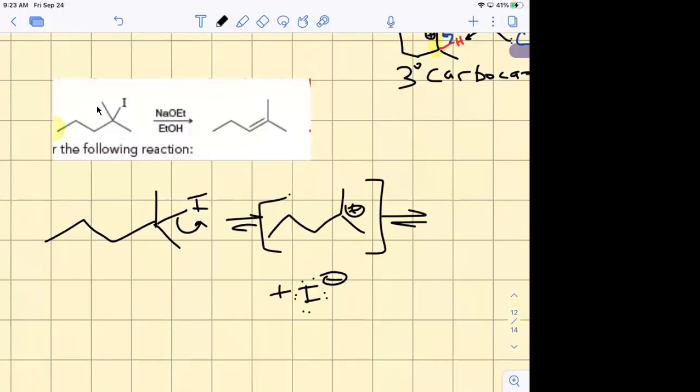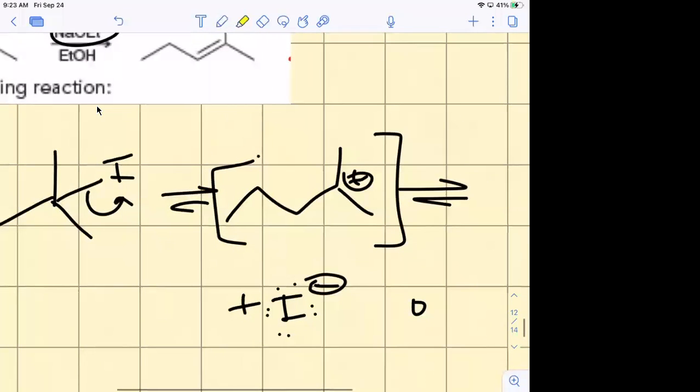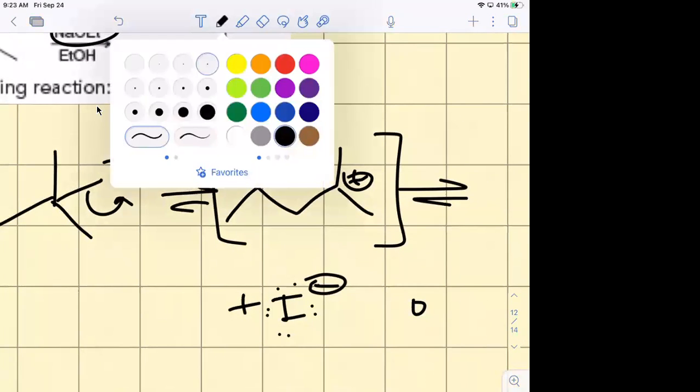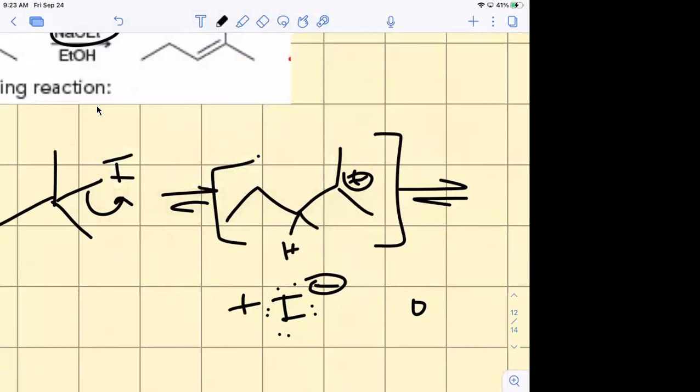Right. So that's that. And then we have sodium ethoxide, which is not a great base, but it is in solution. And notice it's in solution with ethanol. So it's in solution with its conjugate acid. And so it's going to be the sodium ethoxide that comes in and pulls off the alpha proton.